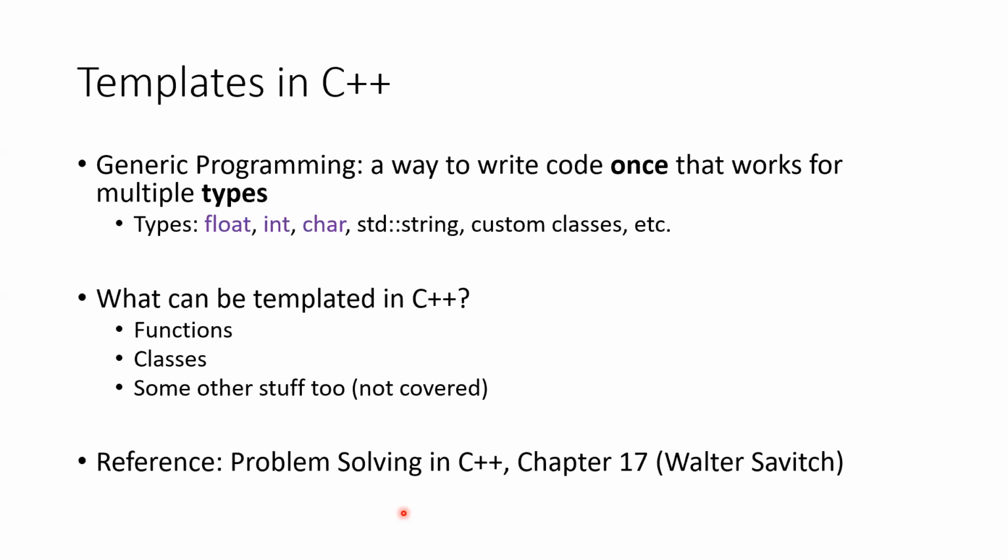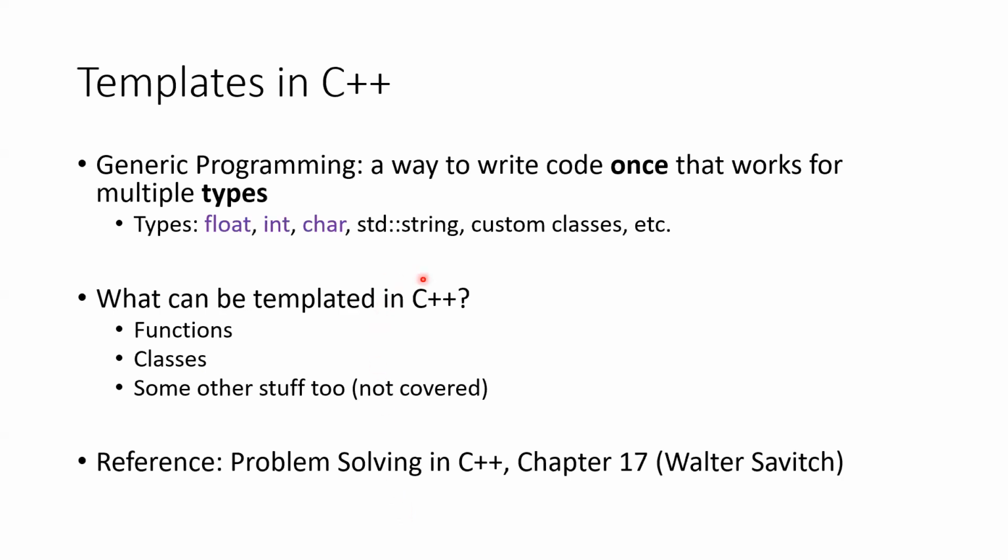So templates are used for something called generic programming, which helps you to write code once, and you don't need to write it for other types. If you write it once, it will work for all of float, integer, character, string, and everything else that you need.